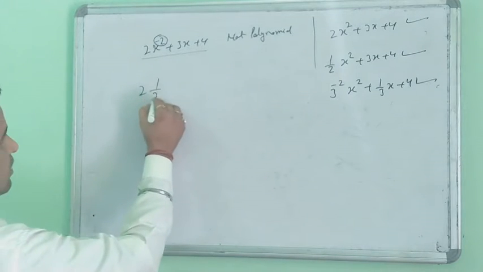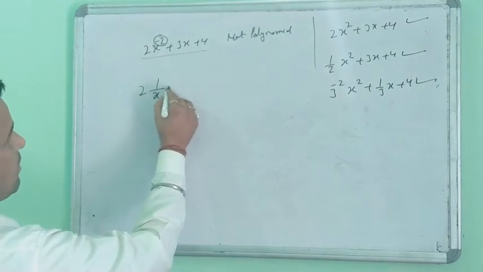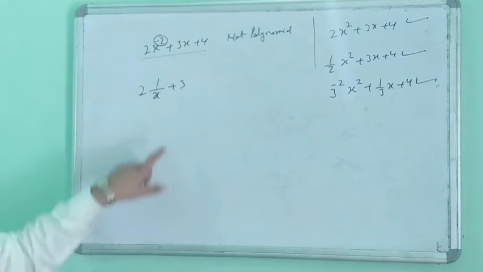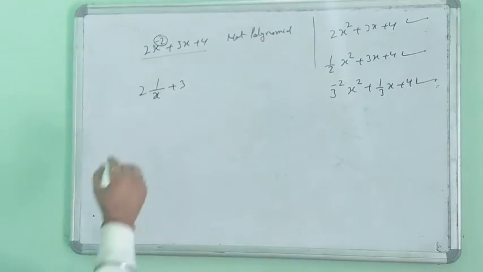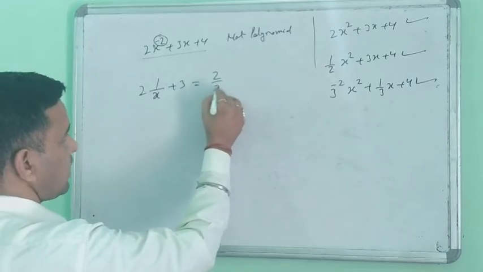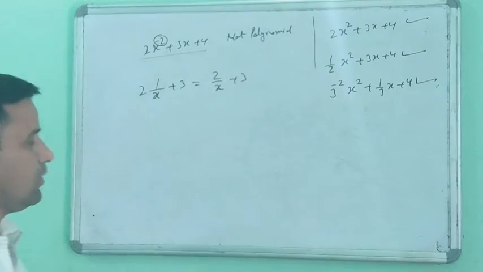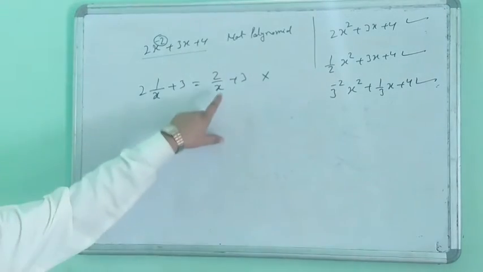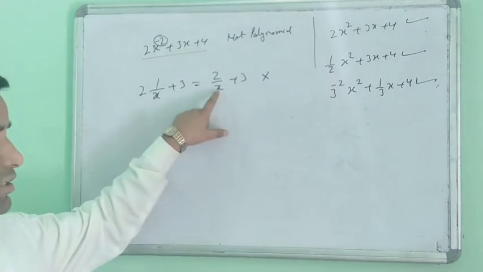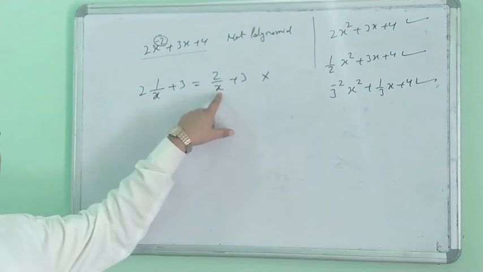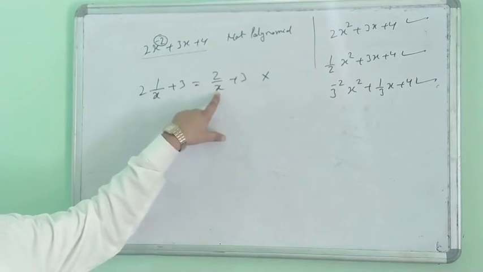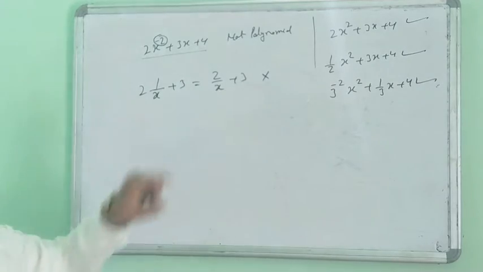Suppose here you write 1 upon x in this form plus 3. Suppose any polynomial is written in this form, 2 upon x plus 3, then this is also not a polynomial because here the variable comes in the denominator. Suppose any variable comes in the denominator, this will not be a polynomial.